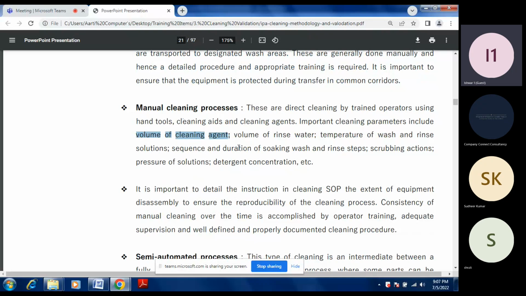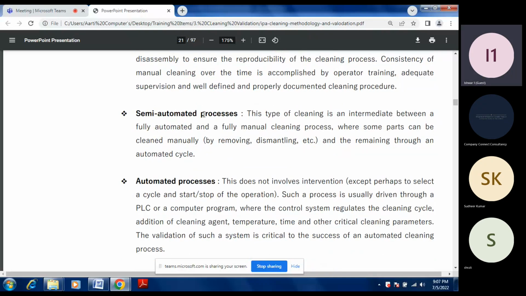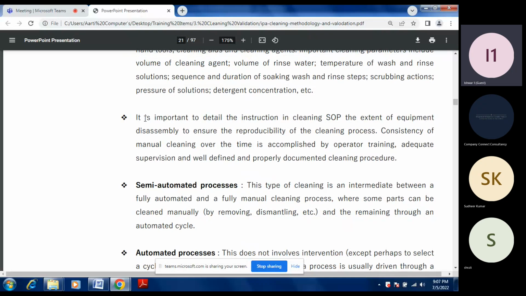So during cleaning validation, it is important to give detailed instructions in the cleaning procedure SOP: how much time is required for cleaning, which types of cleaning agent have to be used, what scrubbing methods have to be followed, what should be the pressure of the water, and what is the concentration of the detergent.